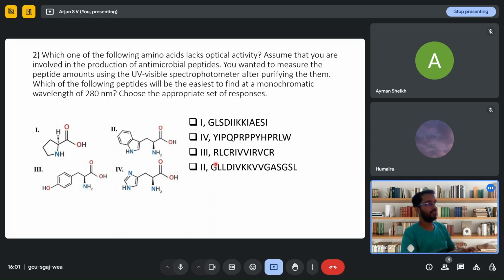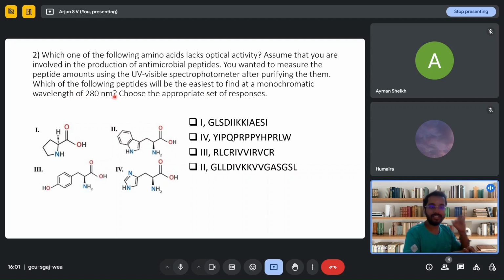So, like I said, instead of going with the amino acids, I think the easier way to solve this question is to look at the sequences. They are asking which of the following peptides will be the easiest to find at a monochromatic wavelength of 280 nanometer.